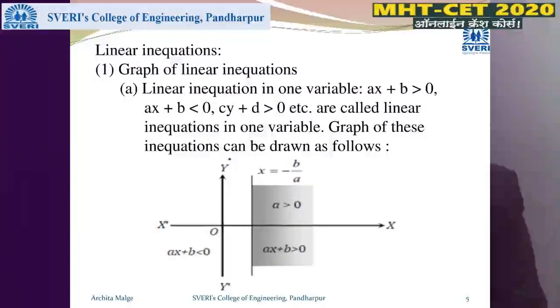Linear inequation in one variable can be put in terms of ax plus b greater than 0, ax plus b less than 0, cy plus d greater than 0, etc. These are called linear inequations in one variable, and the graph of these inequations can be shown as follows. Look at this, there is a graph which has linear inequations.